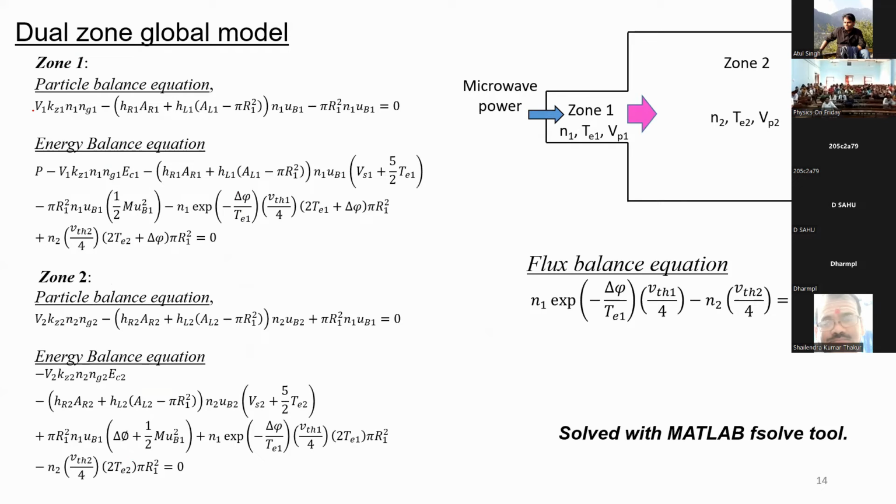So some of you may want to pursue a PhD in plasma physics later. This is a very elementary way to find out what the plasma density and the temperature are when you give a certain power and what the pressure is. So these are some balance equations we used.